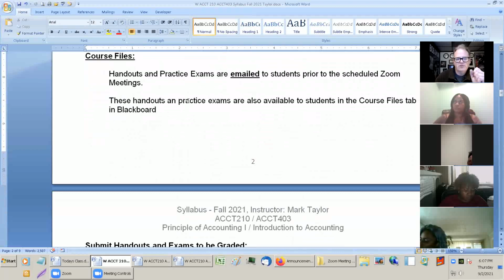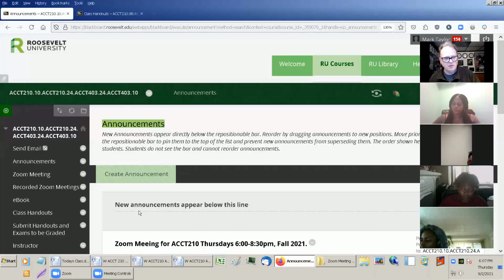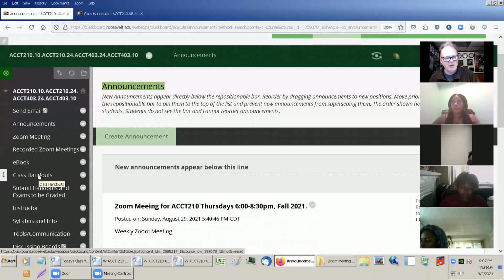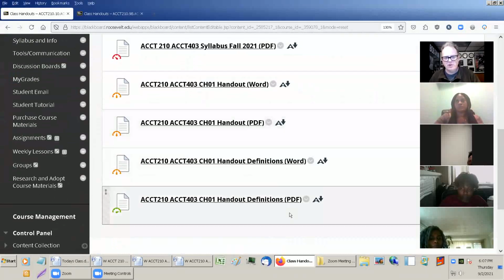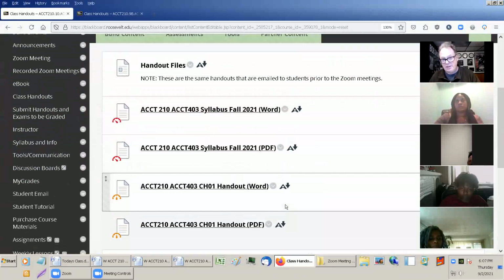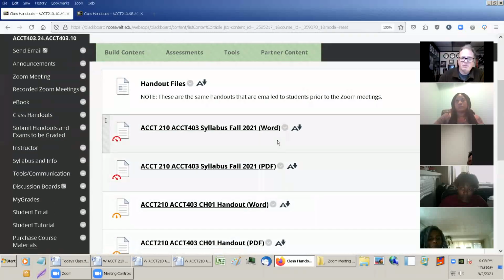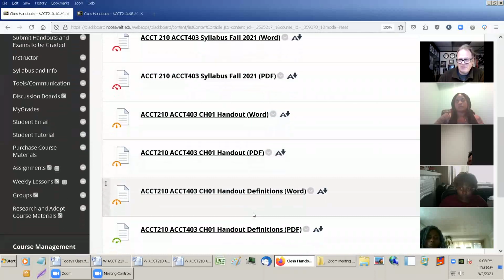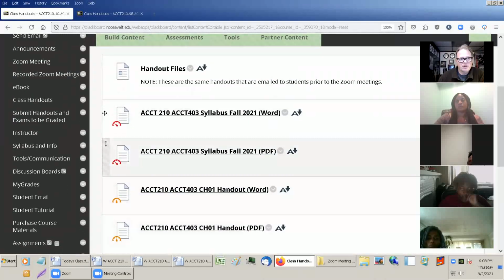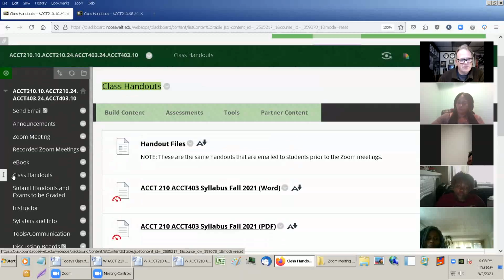Course files. I talked a little bit about this before we started. If you go in Blackboard to class handouts, not only do I email this stuff out to you, but it's also in class handouts. So if you didn't get the email or whatever the situation is, the same stuff is available in Blackboard under class handouts.